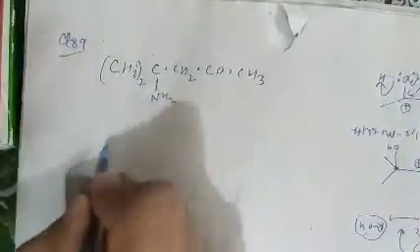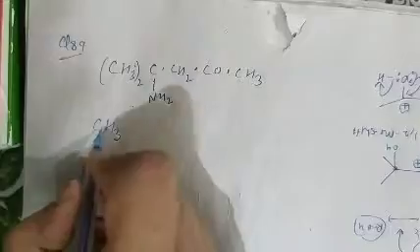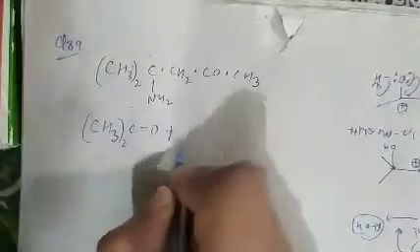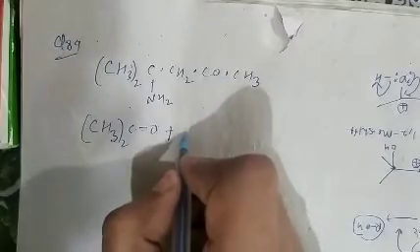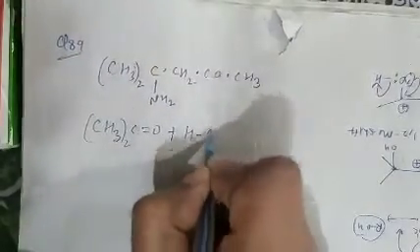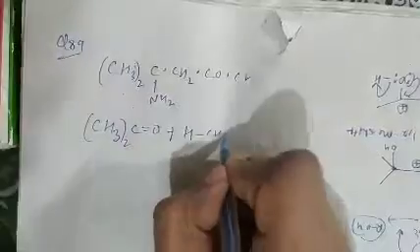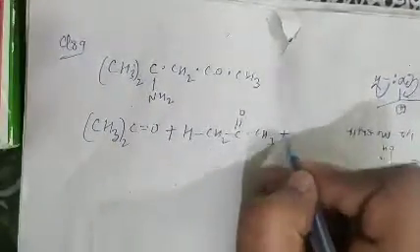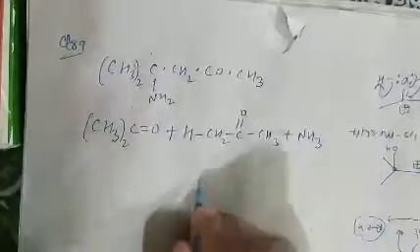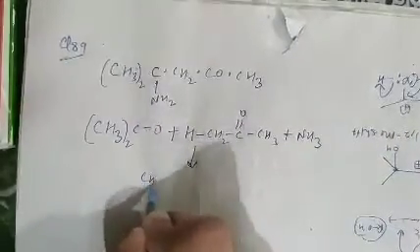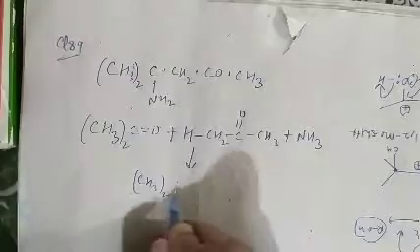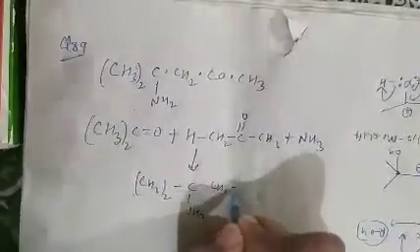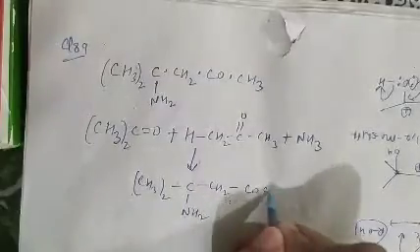So we can see that this compound is formed by CH3 twice CO, a ketone. One ketone is also used, that is CH3 CH2 CO CH3, and one molecule of ammonia is also used. Then it forms this compound CH3CO, C, NH2, and CH2, CO, CH3.